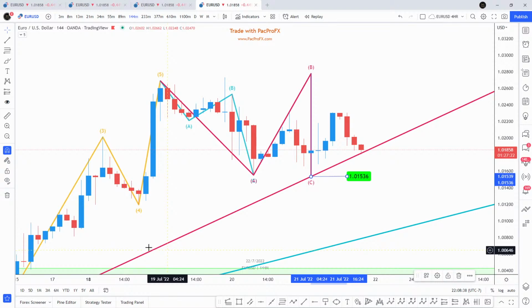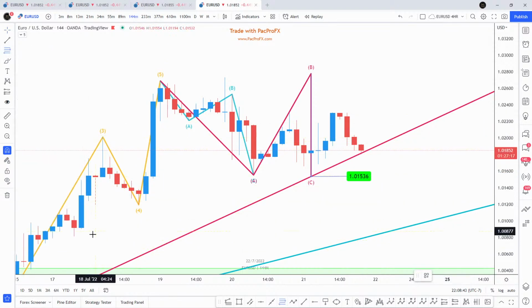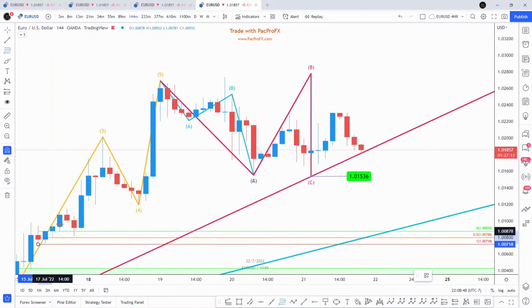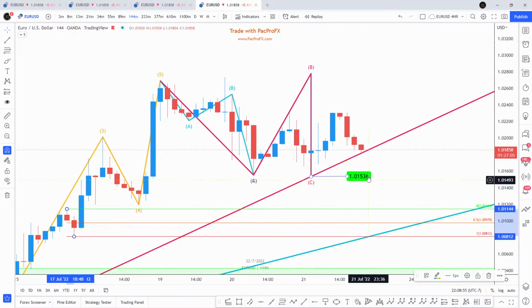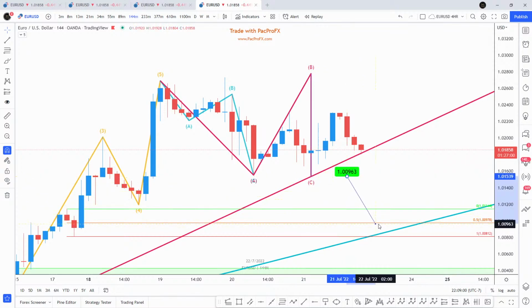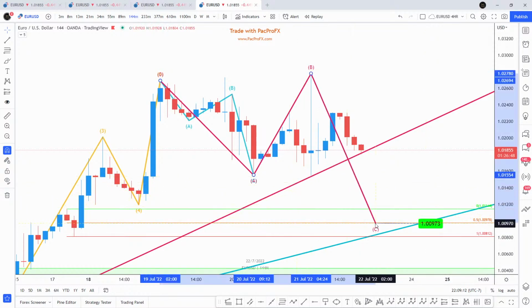So let's do this. Take that one. Yep. So we might actually see price come a little bit lower here. And the C will be all the way down here.